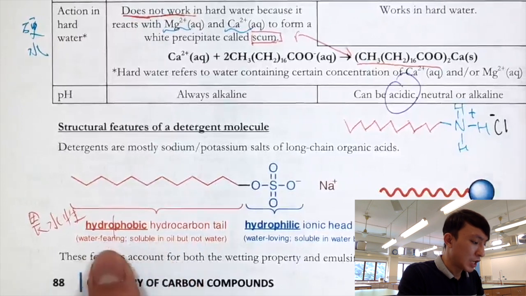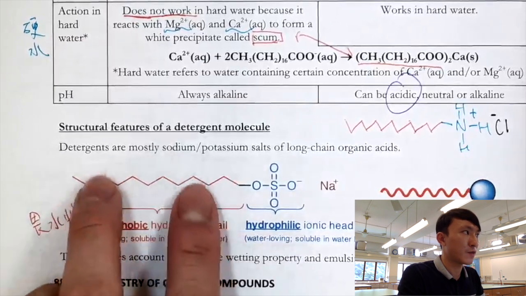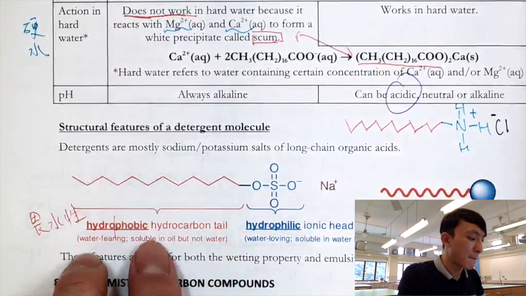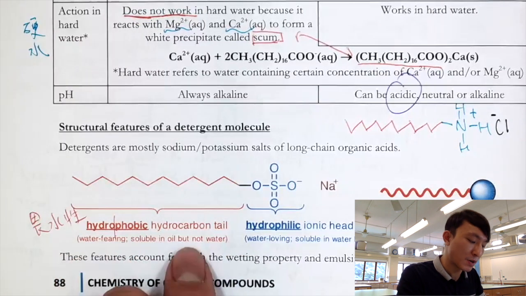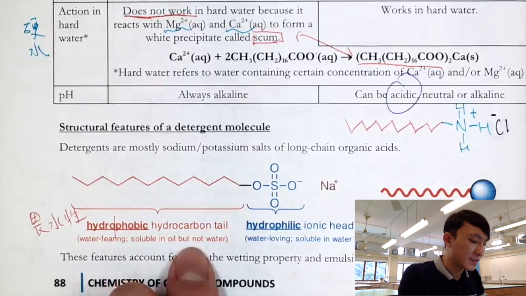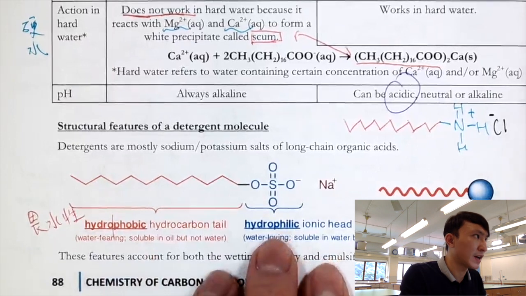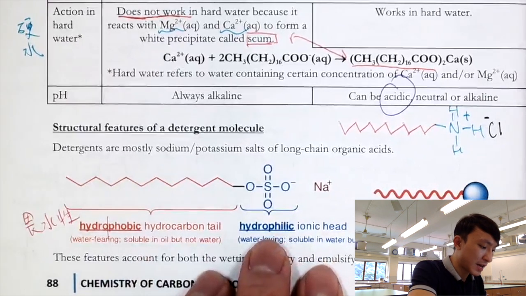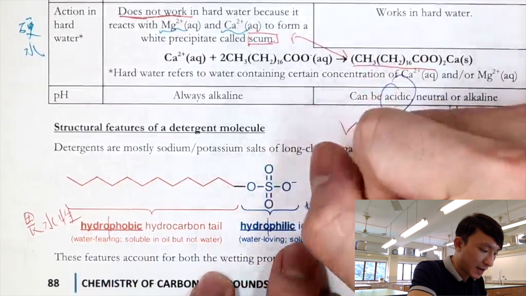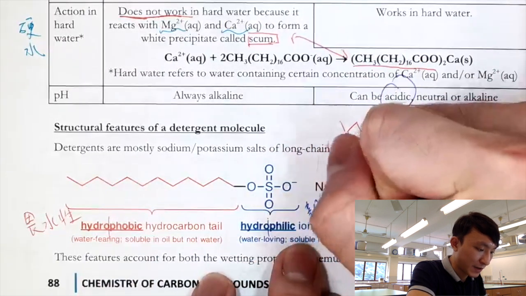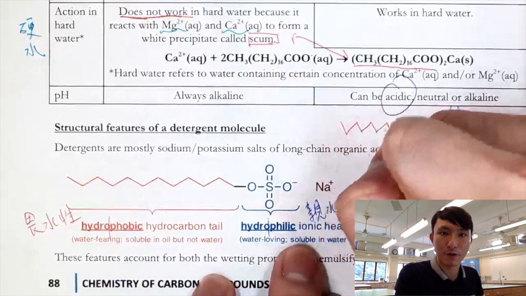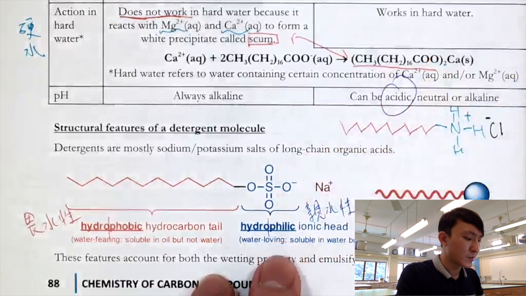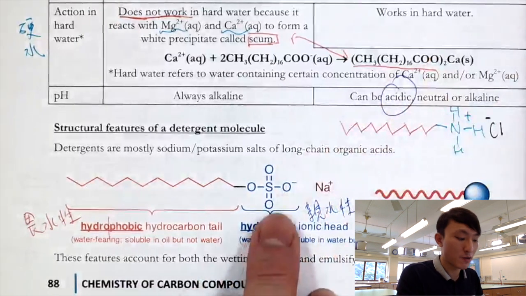This part is afraid of water because it's non-polar, but it is soluble in oil and non-polar solvent. On the other hand, the head we call hydrophilic. Hydro means water again, and philic means philia, love or like. So basically the opposite of hydrophobic.